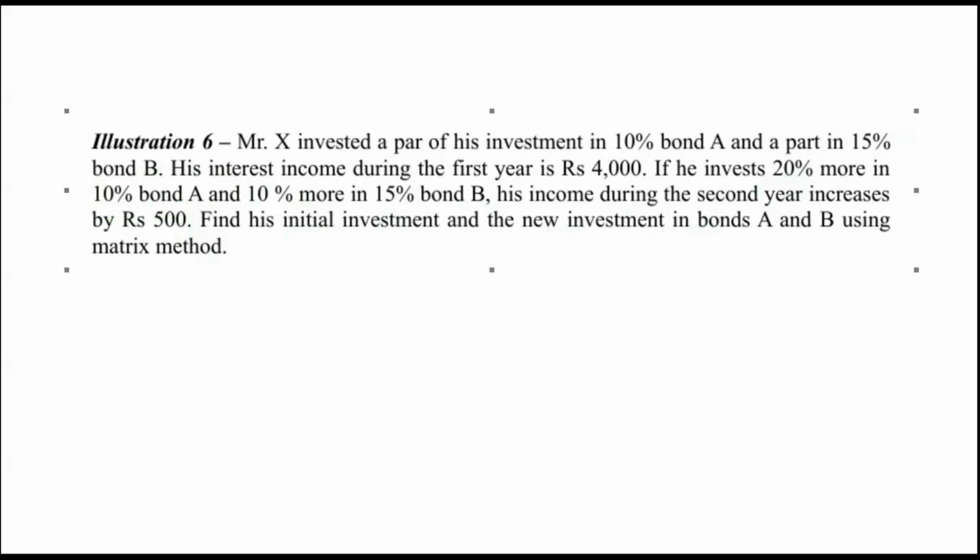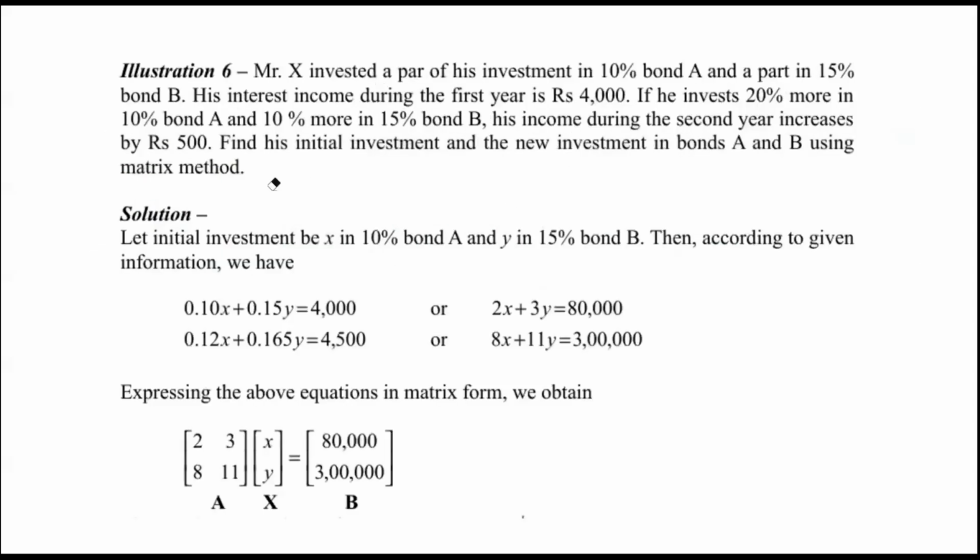So let's okay. So here it is again, the problem, right? So let's take this first one. So initially, he invested X amount in the bond A, right? And he's going to get 10% interest.